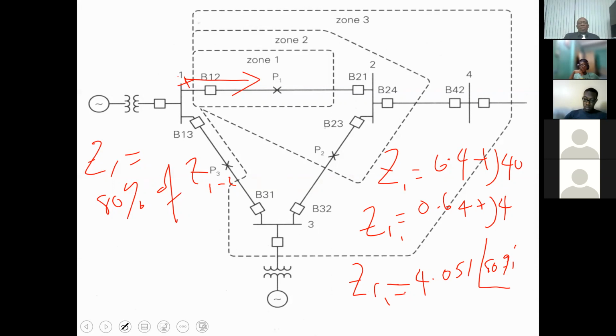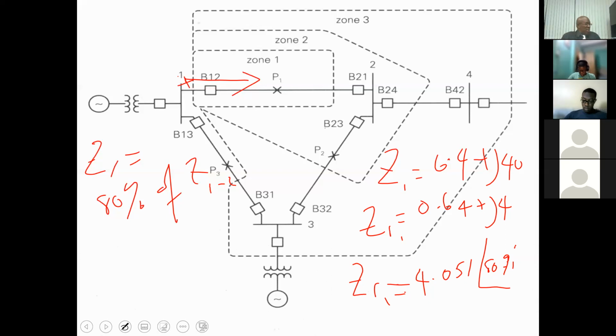And then the zone 2 setting, we'd have 120% of this. So that would give us, again, 1.2 times 8, that would be 9.6. 1.2 times 50, that would give us 60.